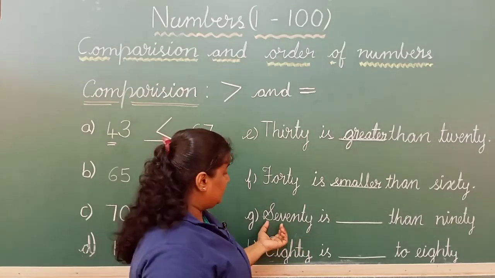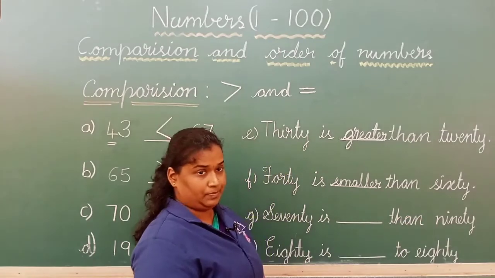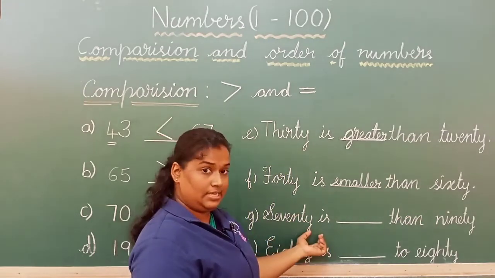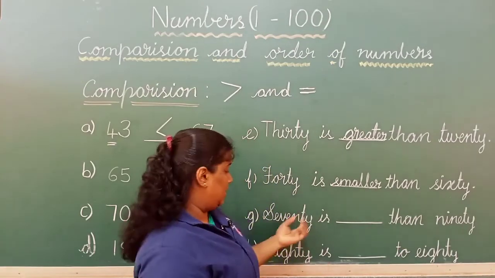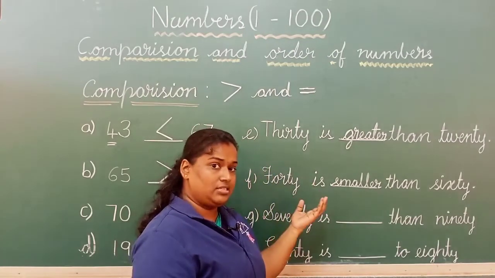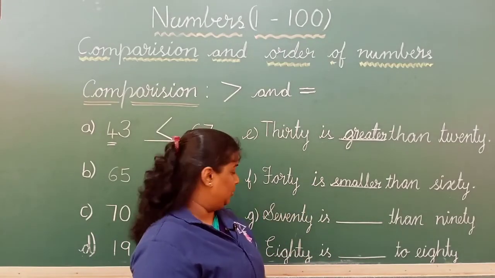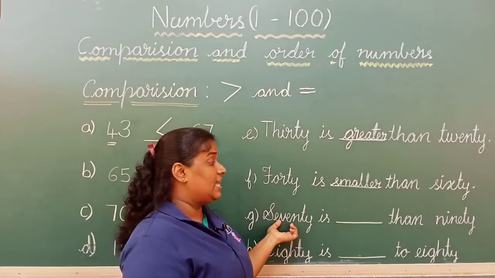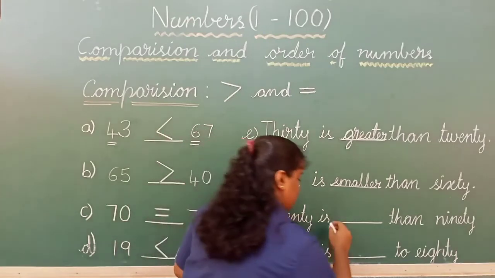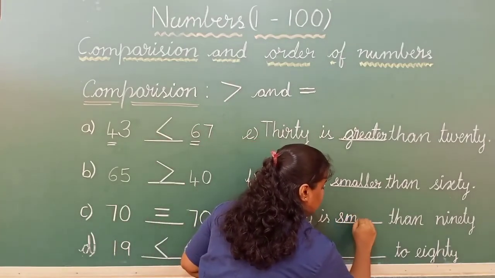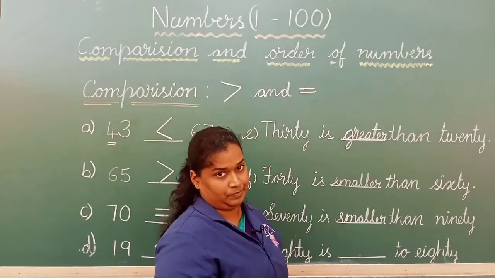Question G. 70 is dash than 90. Now tell me, is 70 greater or smaller than 90? Very good. 7 tens is less than 9 tens. So 70 is smaller than 90.